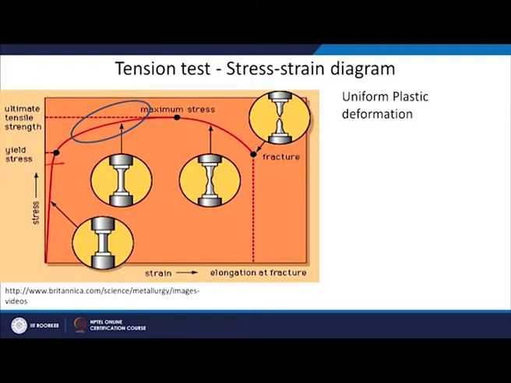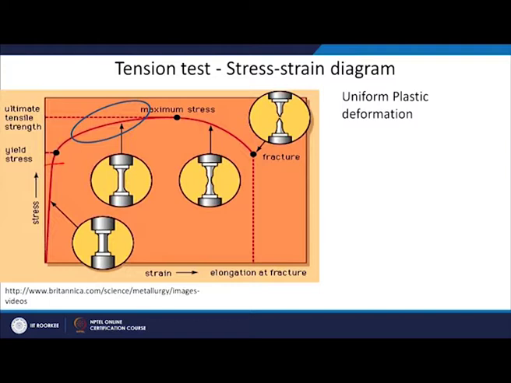One is what we are calling uniform plastic deformation. During this time, if you see these two samples here, initially when the elastic deformation was there, you can see that the cross sectional area has reduced from here to here and the length has increased, but the cross sectional reduction in the sample is uniform throughout the sample.